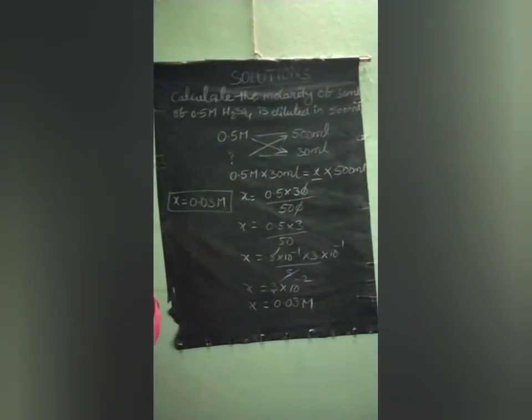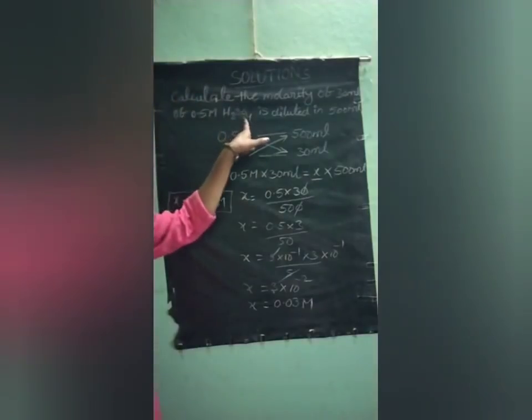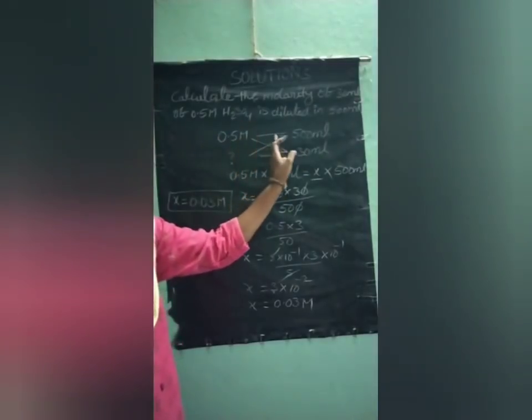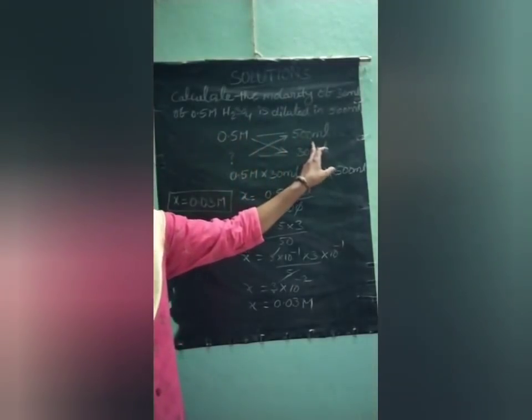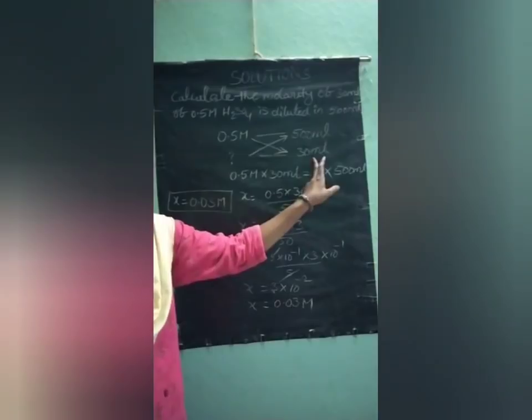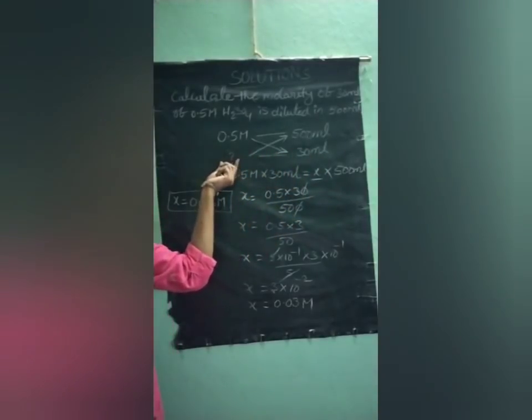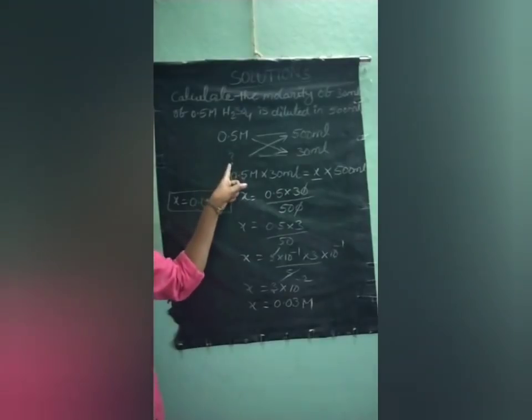So it is very easy to do, and to get marks also. So what is the problem? 0.5 molar sulfuric acid is diluted to 500 ml. What about the 30 ml of sulfuric acid diluted with water, and the concentration is what? It is the question mark.